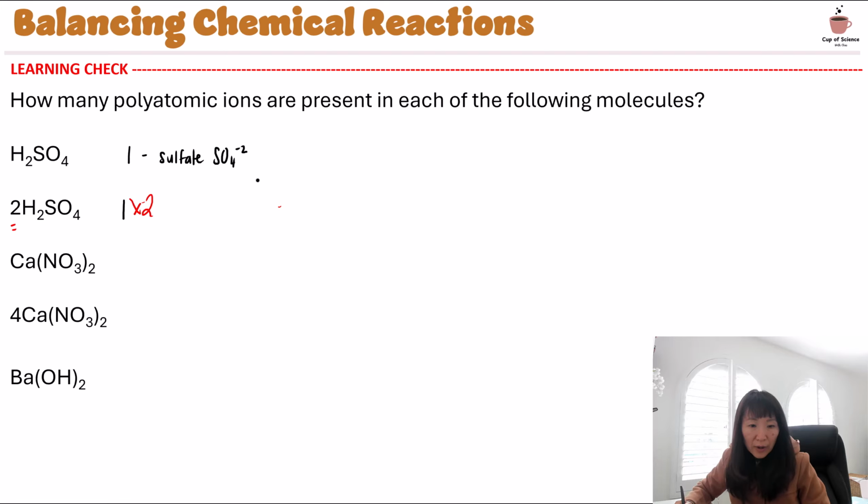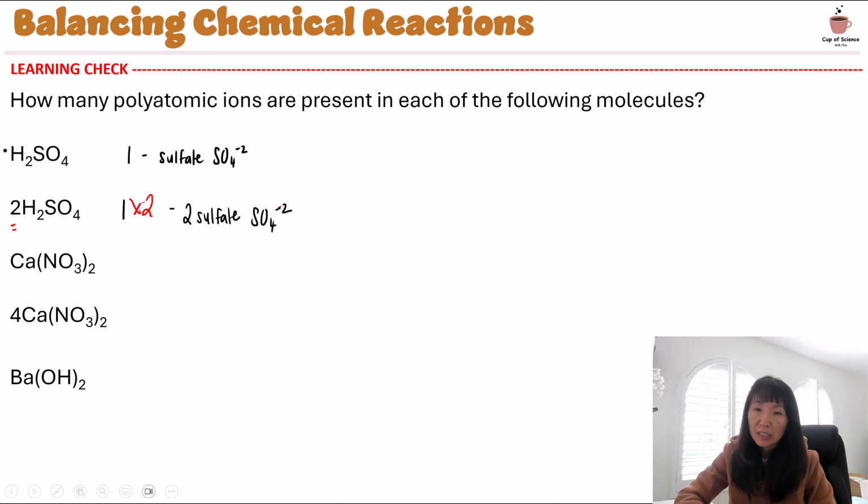So now you have not just 1, but rather 2 sulfate, or 2 SO4 minus 2. Why didn't I multiply up here? That's because here in the front there is a coefficient of 1. However, 1 times 1 is 1, so I don't want to be redundant and write another number. So therefore it's just 1.